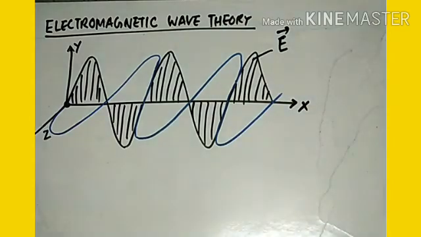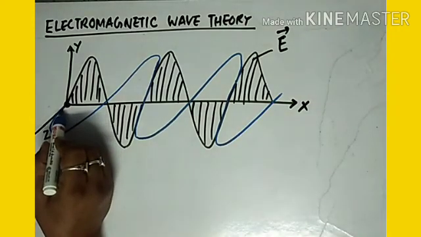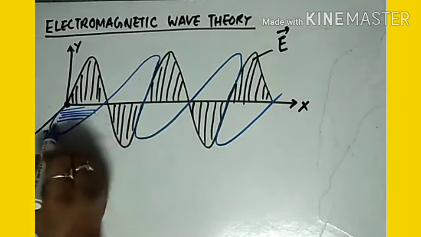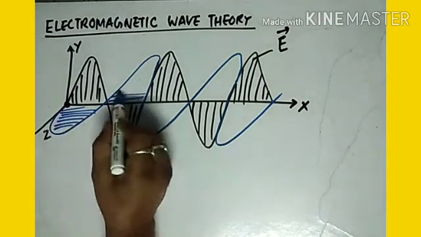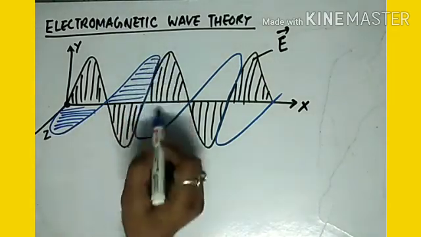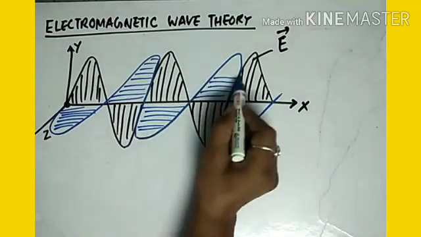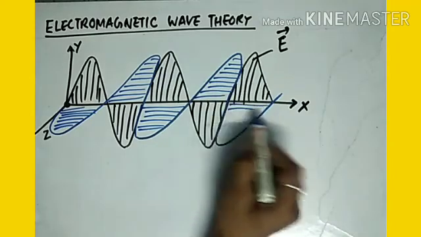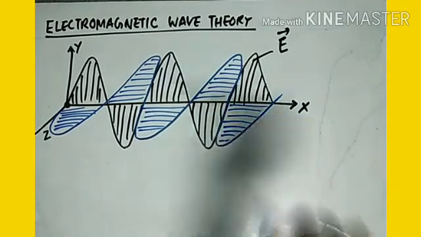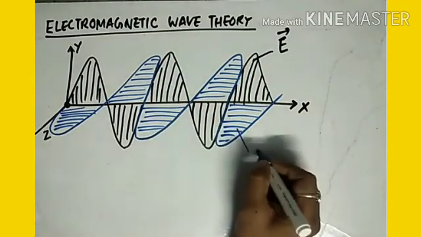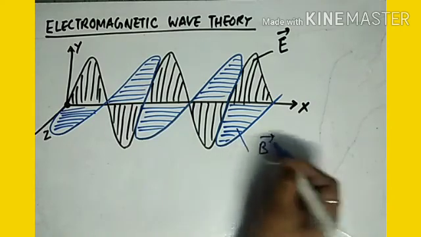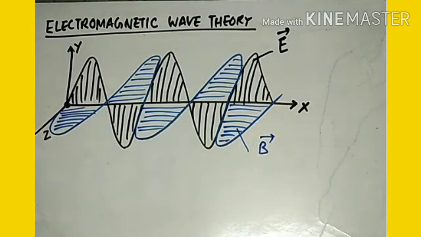Okay, so we can create this magnetic field in this manner. So both are perpendicular to each other. It means they are creating a 90-degree angle. So basically this is the B vector, you can say, the magnetic field, right?